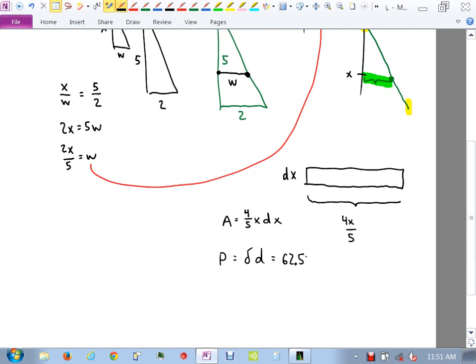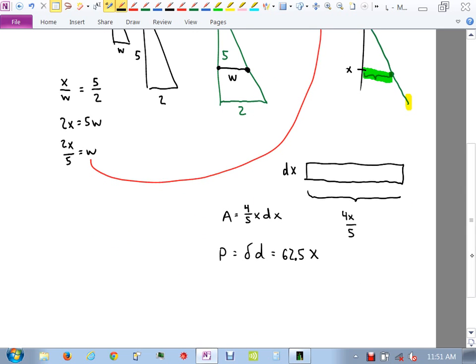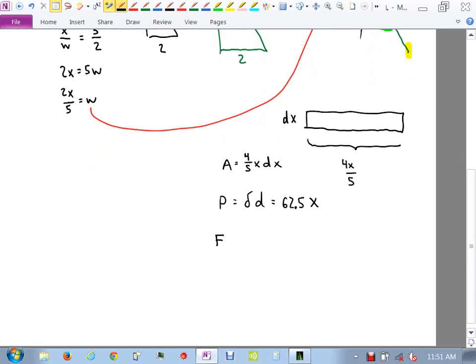So x. Then the force would be PA. So 4/5 times 62.5, right? I'm going to go ahead and do that. Is it 50? Yeah, 50 x squared.